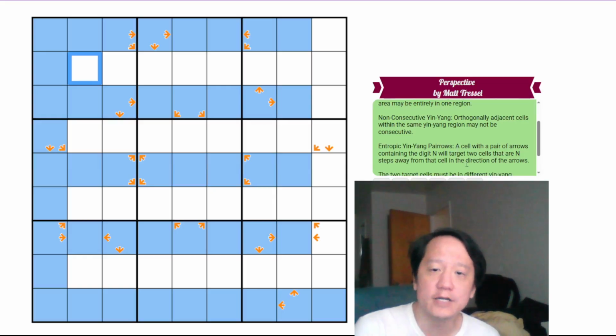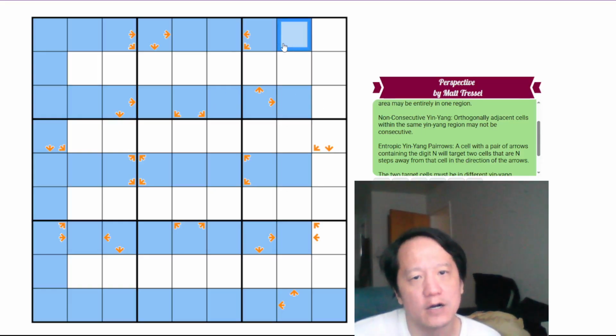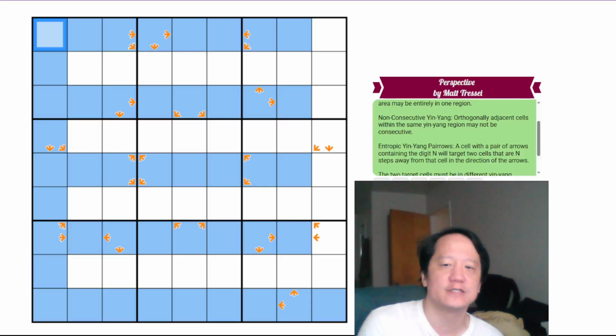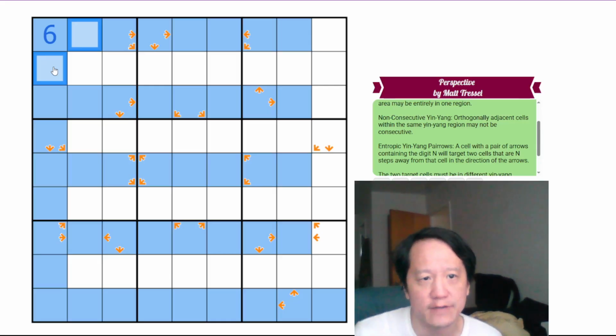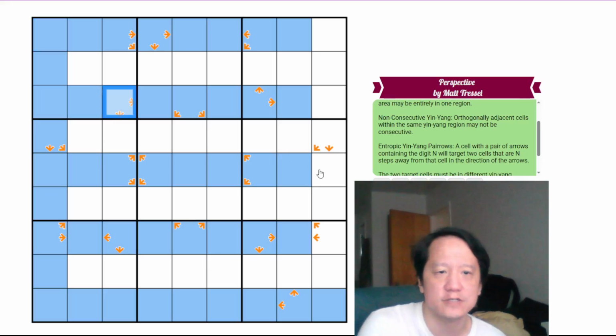We have non-consecutive yin-yang, where orthogonally adjacent cells within the same yin-yang region may not be consecutive. So for example, let's say we have a 6 here.